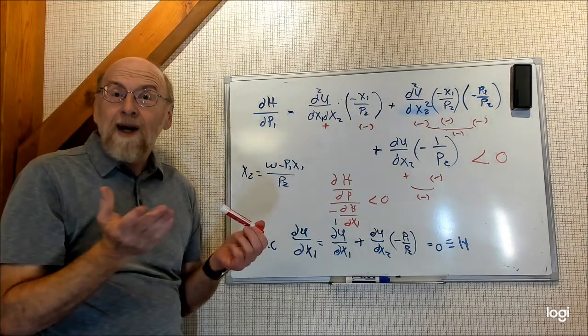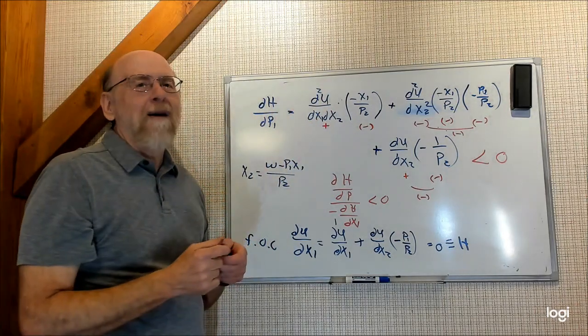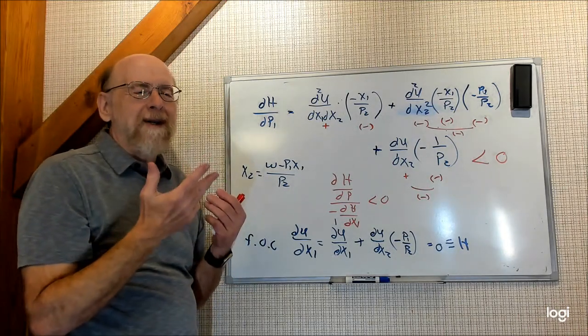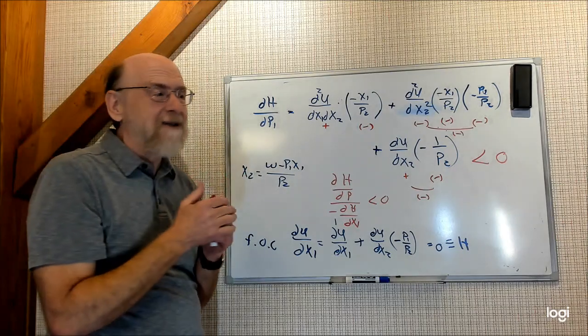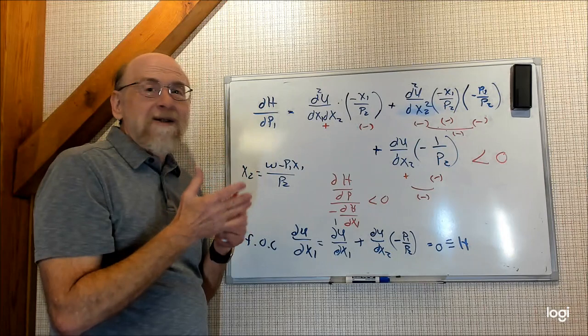Right, and that means what? It means that the demand curves with these properties, based on utility functions with particular properties, mainly that they're strictly concave, have downward sloping demand curves.